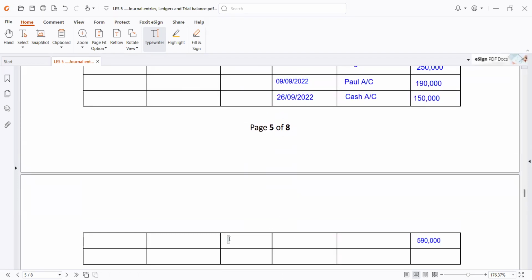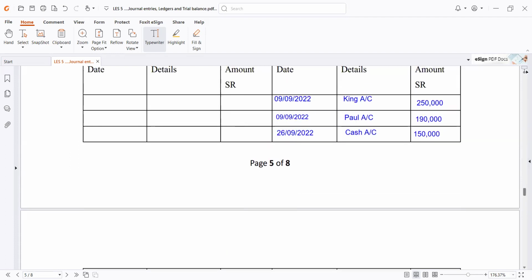Also here, we need to have a balancing figure. It's 590,000. And you need to do the foot and rule on those two amounts. So here, our balancing figure that we need to carry down, here we'll write balance carried forward, like that. And we are doing that by the 30th of September 2022.